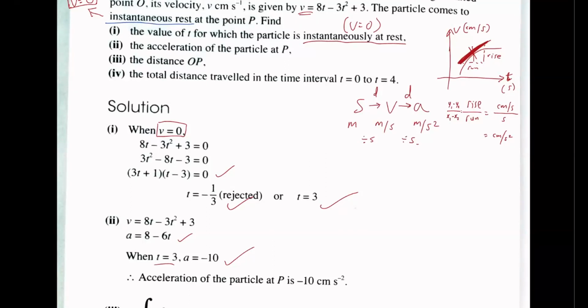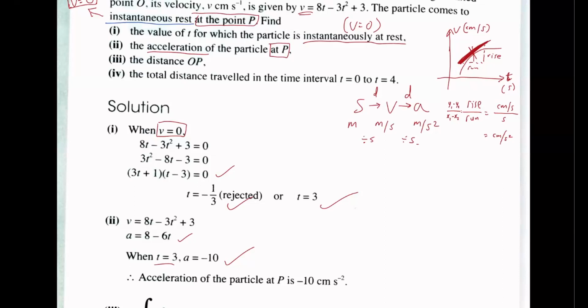Okay? Why do I know I need to sub in t equals 3? Why? Because of English comprehension. They asked for acceleration, but they didn't just stop there. They asked for it at the point P. At point P, what happens? At point P, v is 0.